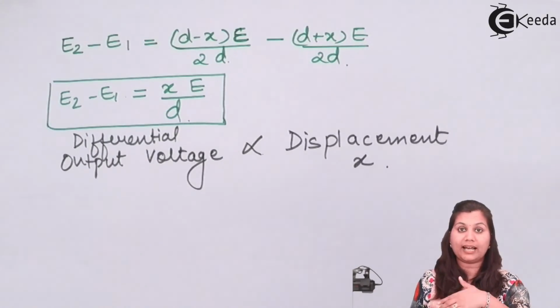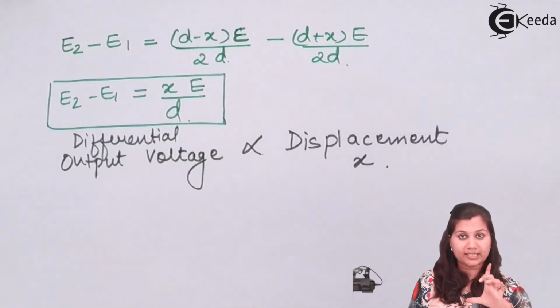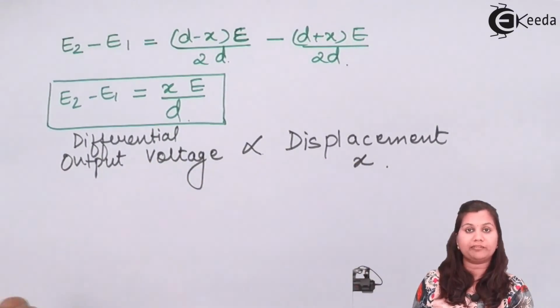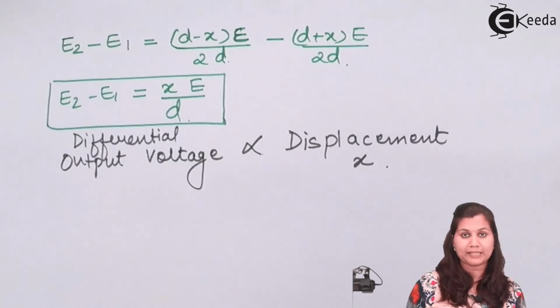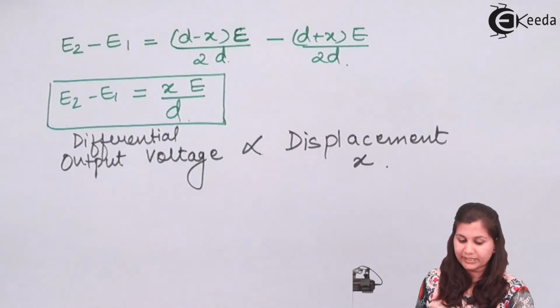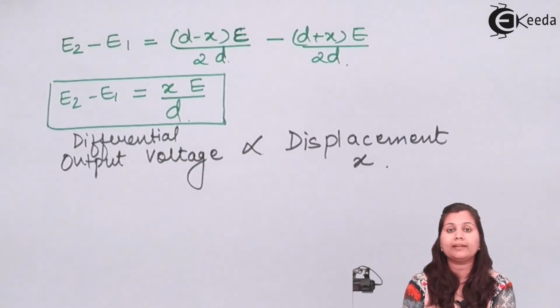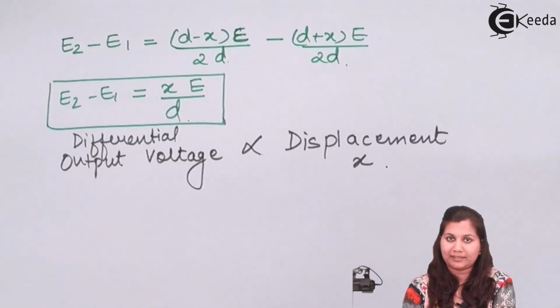Displacement causes a change in capacitance due to the change in the distance between the plates, and this displacement is converted into a differential output voltage. So the magnitude of the output voltage is proportional to the magnitude of the displacement applied to the movable plate. In this way, the capacitive transducer can be used for the measurement of displacement by causing a change in the capacitance due to the change in the distance between plates.